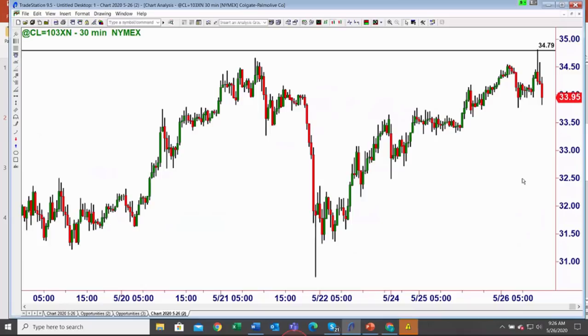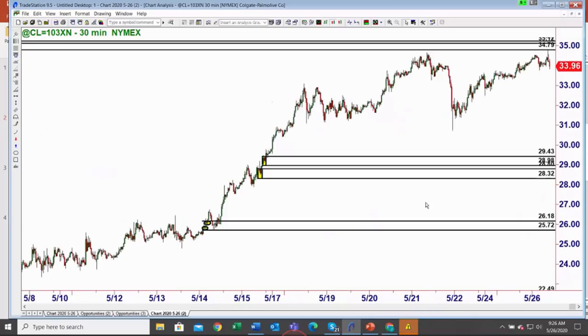Okay. On the demand side for oil, I think we can stay on this 30-minute chart. Let me just scrunch up a little bit. There you go. So you can see the quality fresh demand zones, which are represented by the yellow box, are down around 29.40, 29.50.